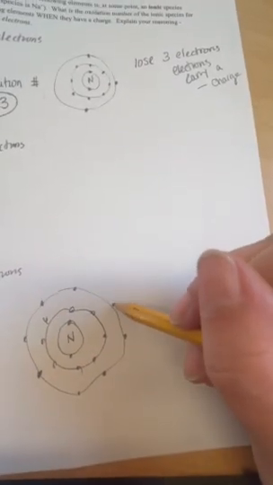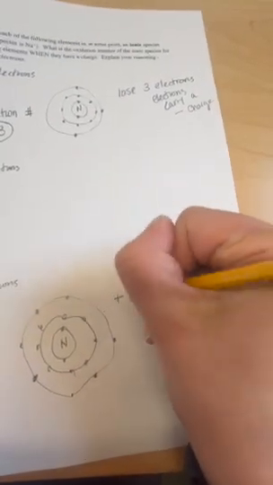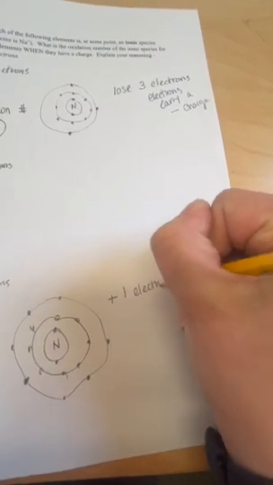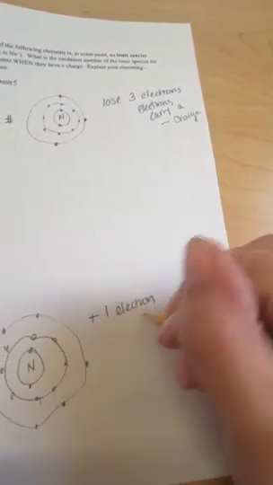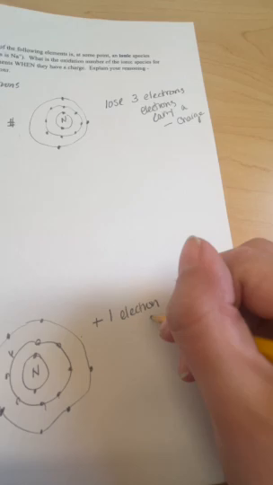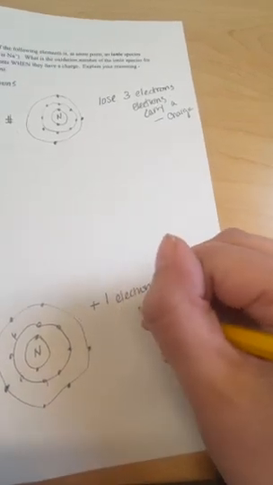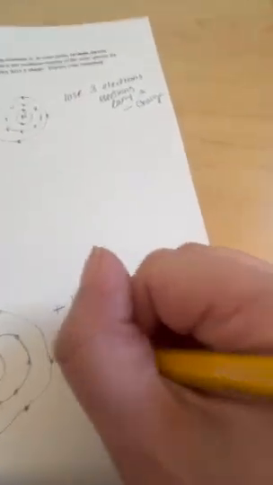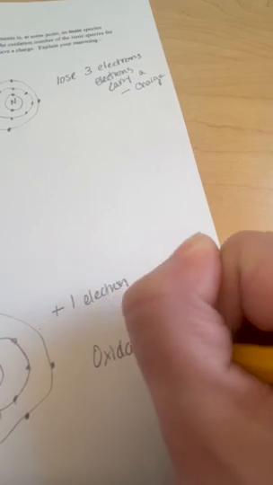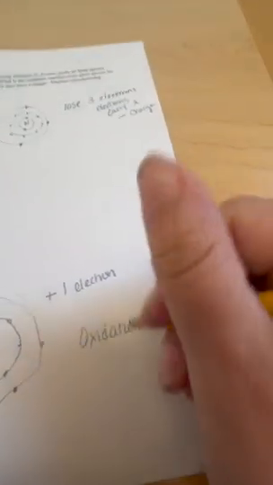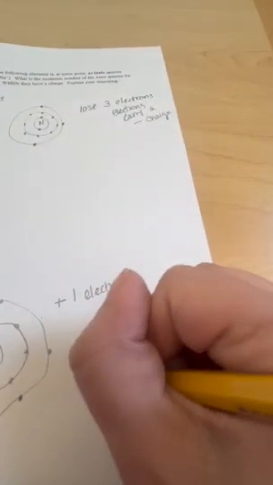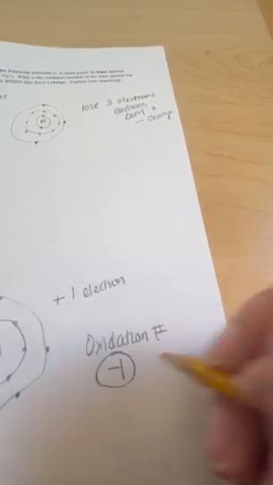For this to be stable, we want to add 1 electron to that outer shell, the valence shell, to make it full. Because we're adding an electron, we're adding a negative charge, so our oxidation number is going to be -1 for this one.